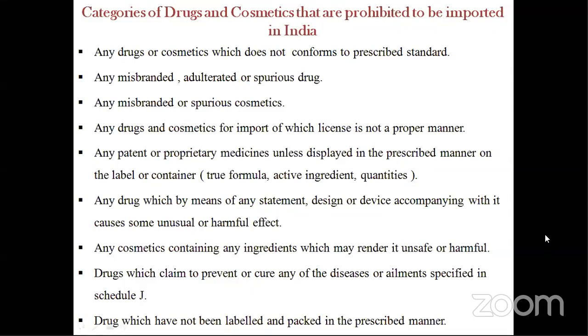Drugs which have not been labeled and packed in the prescribed manner. This also discusses drug containers, whether bulk drugs or small drugs dispensed in a container that is not tightly closed. It is not properly packed, or the packaging was broken during transport. Or your product is moisture sensitive but they do not give tamper-proof packaging, or your product is light sensitive but they do not give amber color containers. This is also a criterion. It all deals with the labeling and packaging department.